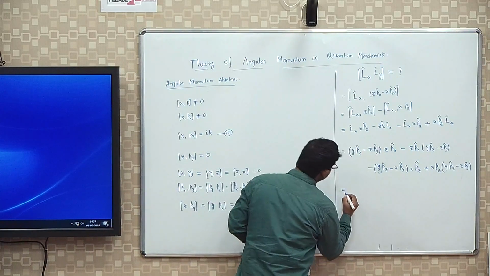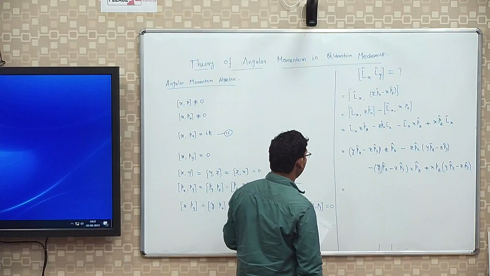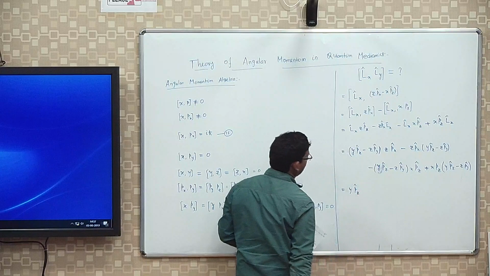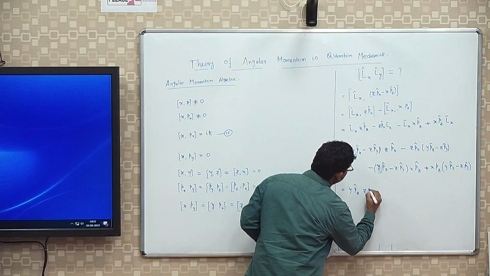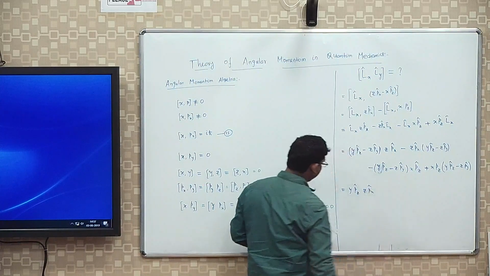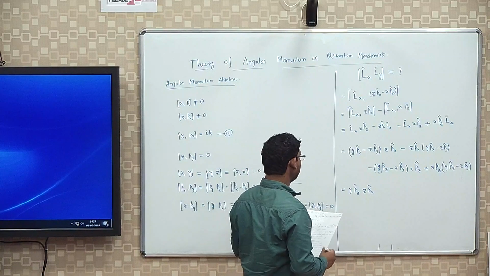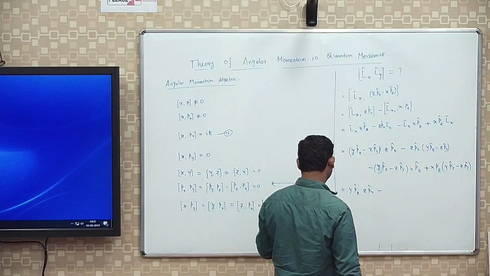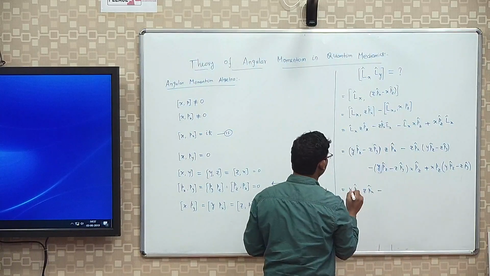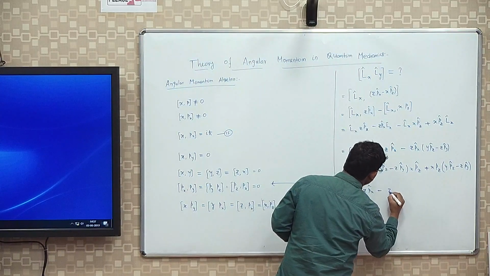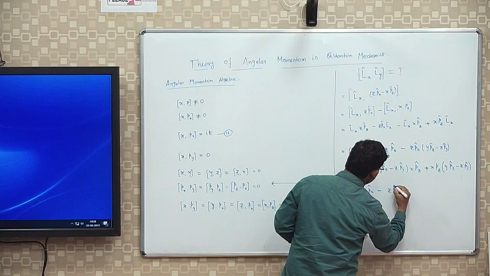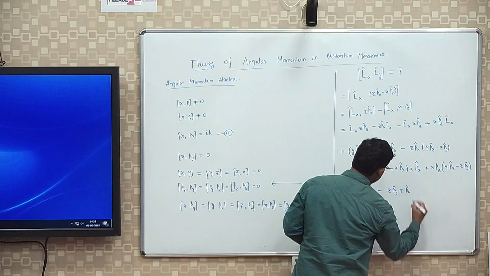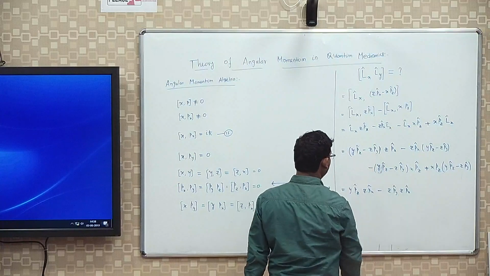Now we multiply y pz operator z px operator minus zpy zpx, this second term.